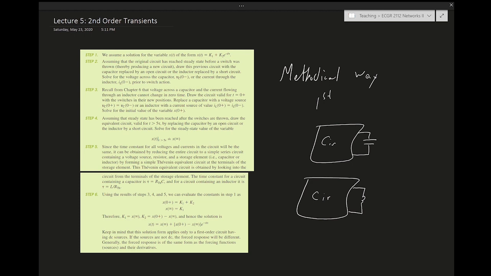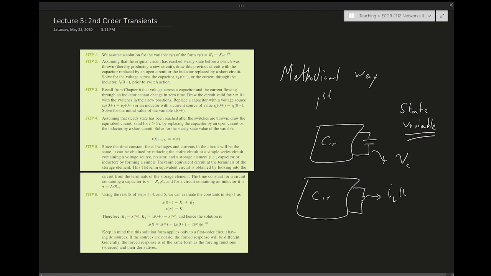The example we went through for both an inductor and a capacitor were examples where we solved for the state, called the state variable, which is the variable that carries energy. For a capacitor, it's the voltage of the capacitor, and for an inductor, it's the current of the inductor. Those are called state variables because those are the variables that carry the energy in the system.